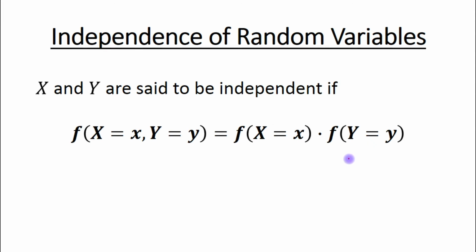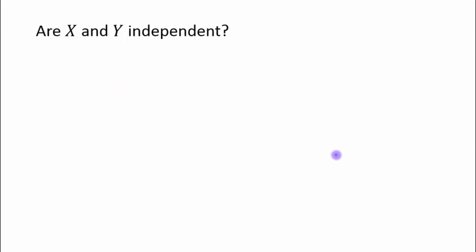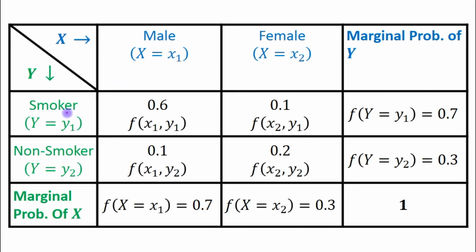Next concept is independence of random variables. X and Y are said to be independent if their joint probability is equal to the product of marginal probabilities. Are X and Y independent? So we will consider f x1 y1. The joint probability of x1 and y1 is given as 0.6.